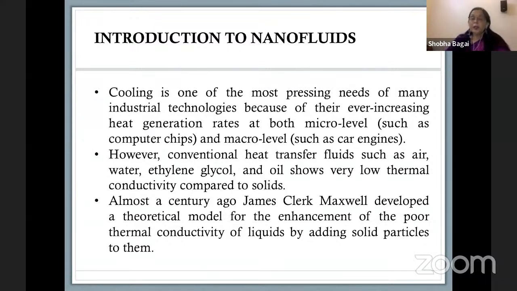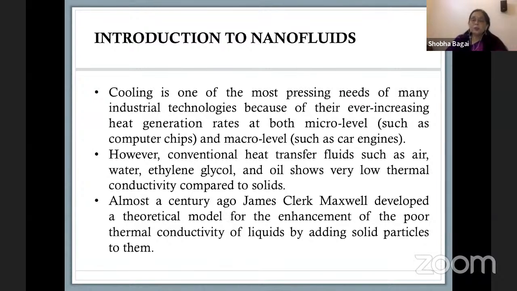Now, we are all aware that the thermal conductivity of any fluid is very small as compared to solids, so naturally the transfer of heat happens at a very slow rate.